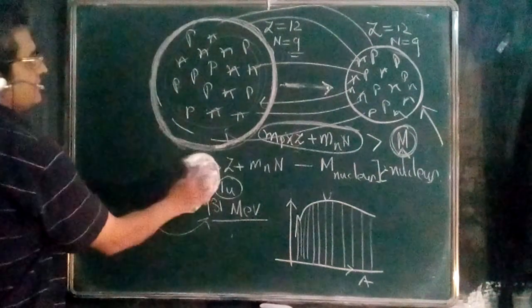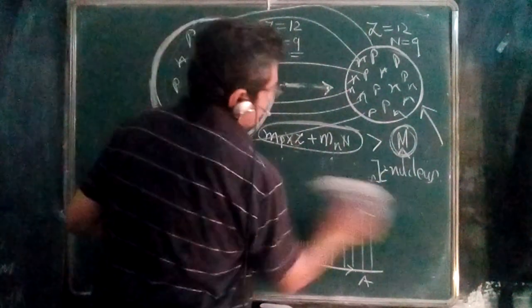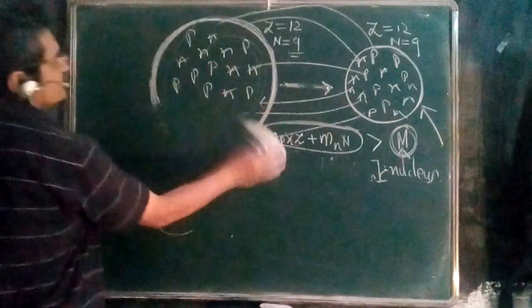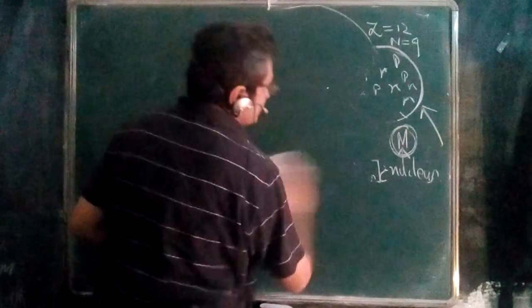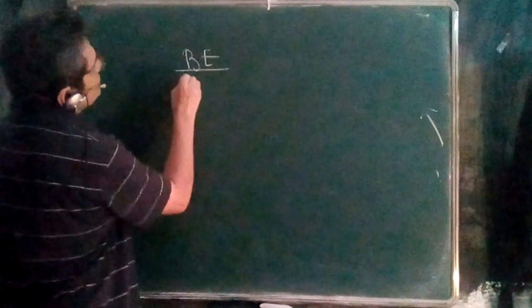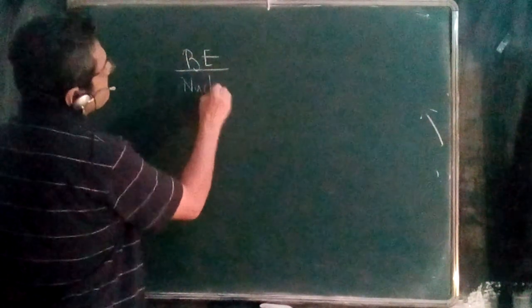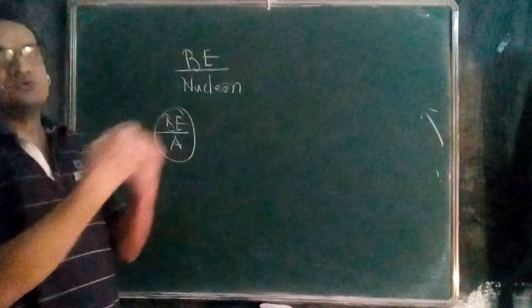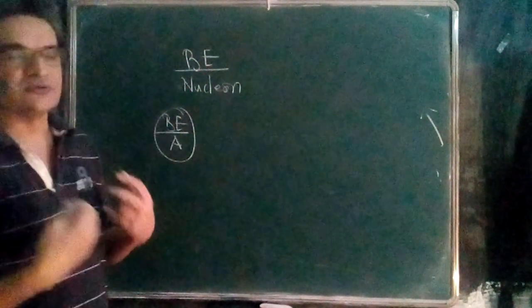Now there is another way of writing the binding energy. Showing the total binding energy has less significance, but if I show the binding energy per nucleon, or I divide binding energy by the mass number A, I'll get the binding energy per nucleon, meaning the energy required to take out each nucleon, each proton and neutron, to separate.